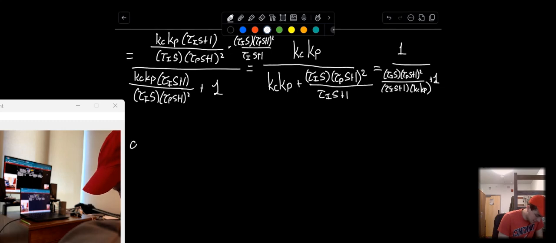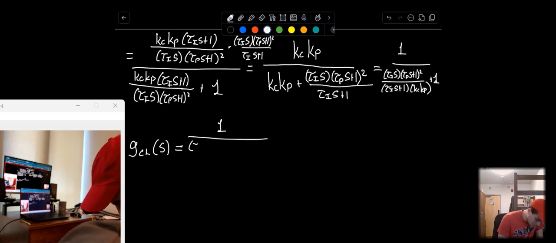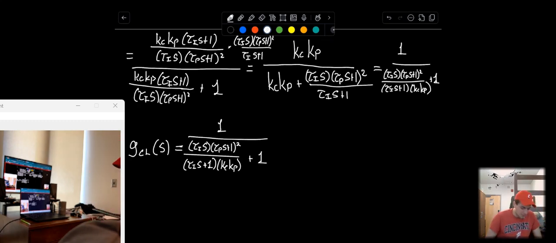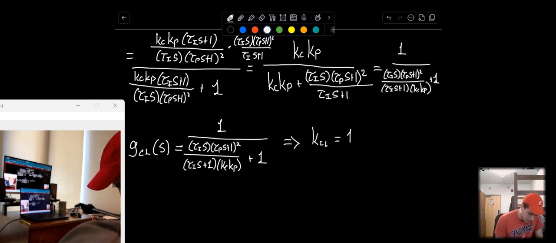So again, we can see G_CL of s, our closed loop gain, is simply 1 over (tau_I s (tau_p s plus 1) squared over tau_I s plus 1) times (Kc Kp plus 1), which of course implies that our K is 1.